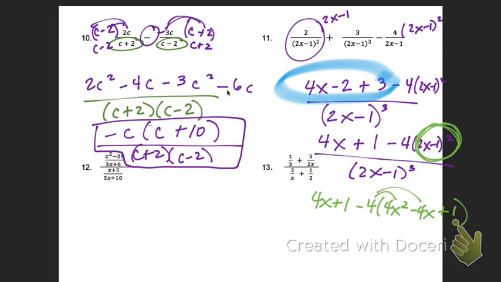Then I want to distribute. 4x plus 1 minus 16x squared minus 16x minus 4. Wouldn't it be plus? Yep. Thank you. Now combine my like terms.